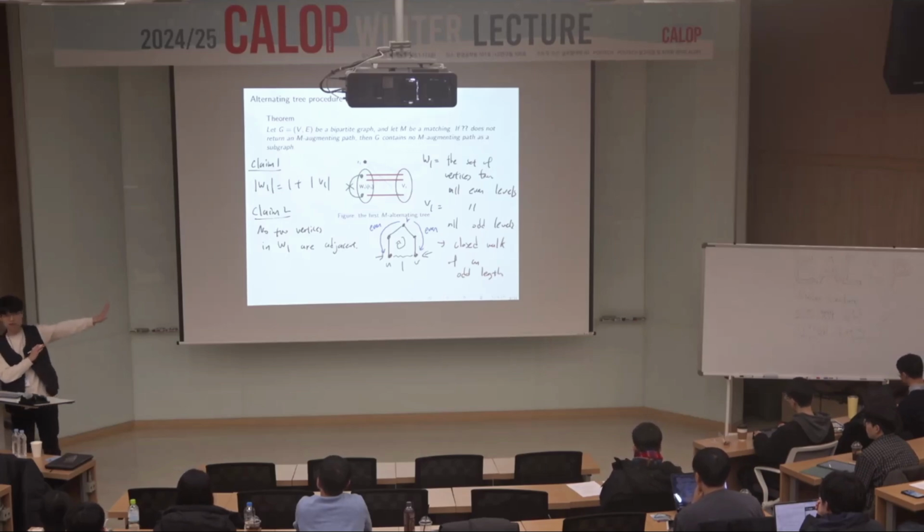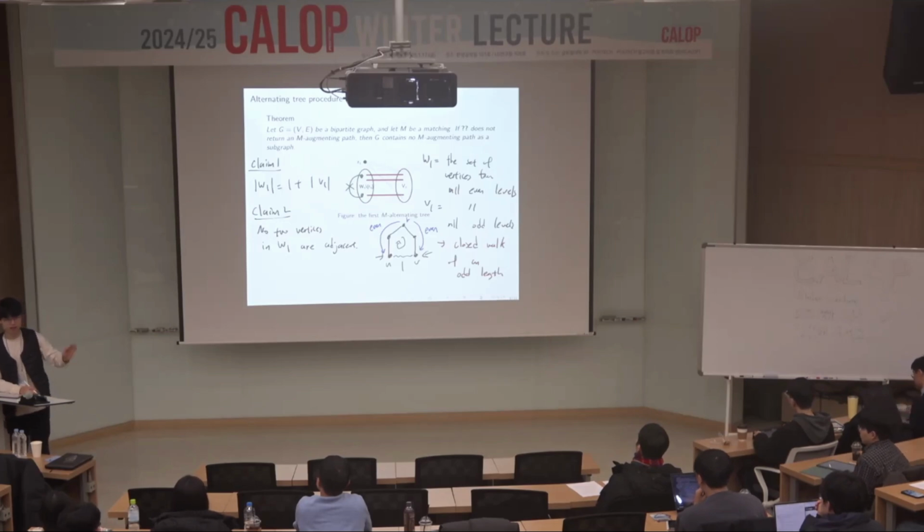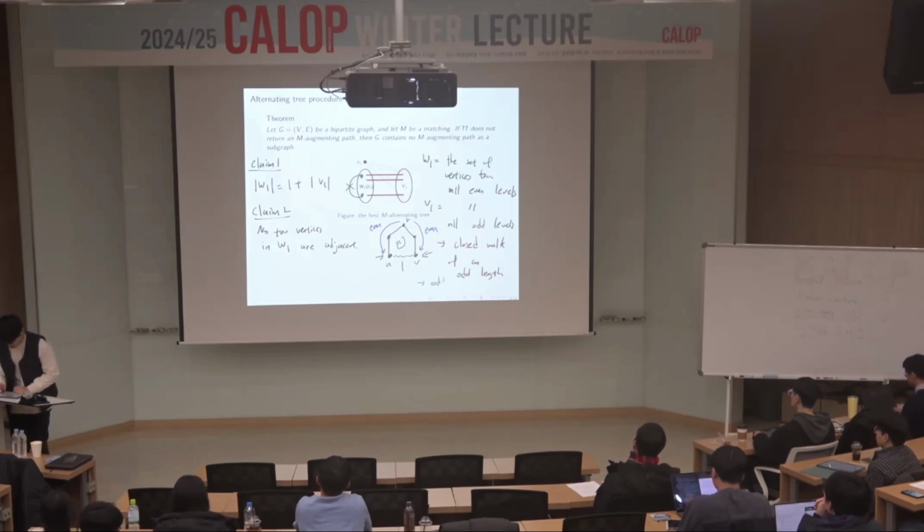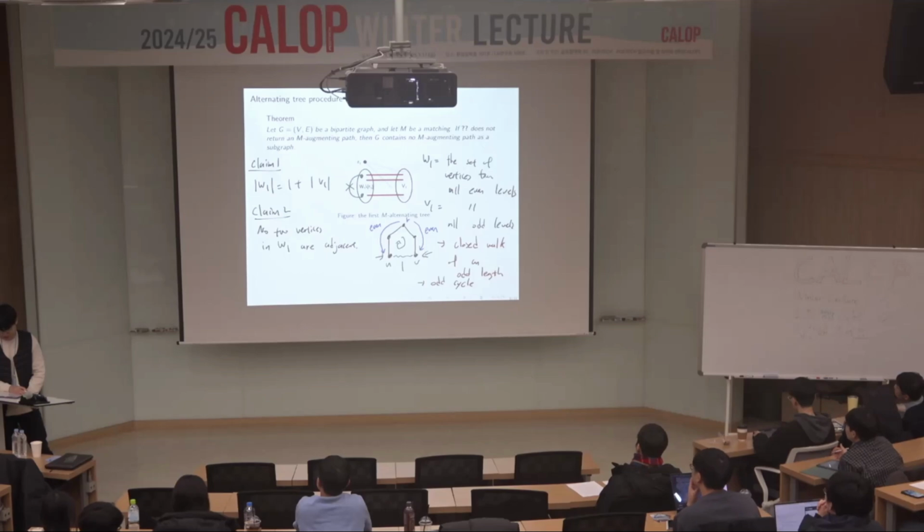Some vertices can be repeated, so that's a closed walk. You can prove that every closed walk of an odd length has to include an odd cycle that's not repeating any vertices. And if your graph doesn't have an odd cycle, it has to be bipartite.